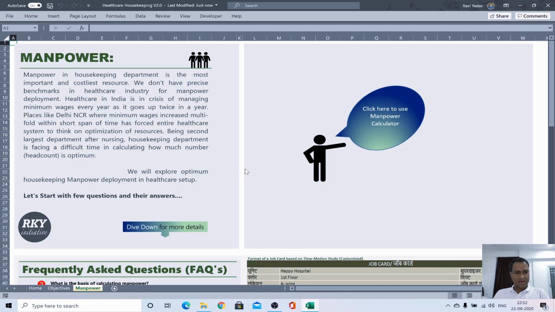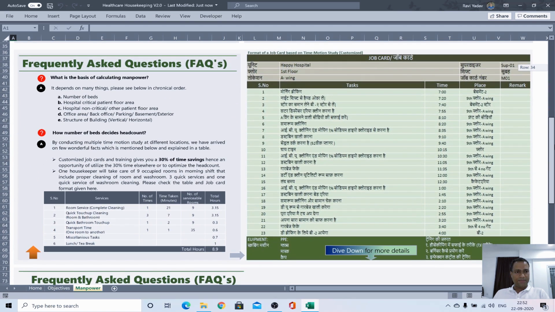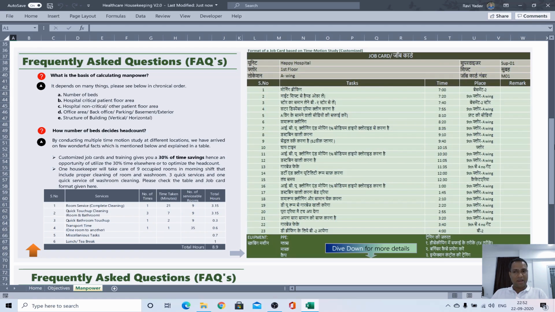Let's go to the frequently asked questions. What is the basis of calculating manpower? You can see a number of things which impact the manpower count in healthcare. First is the number of beds.